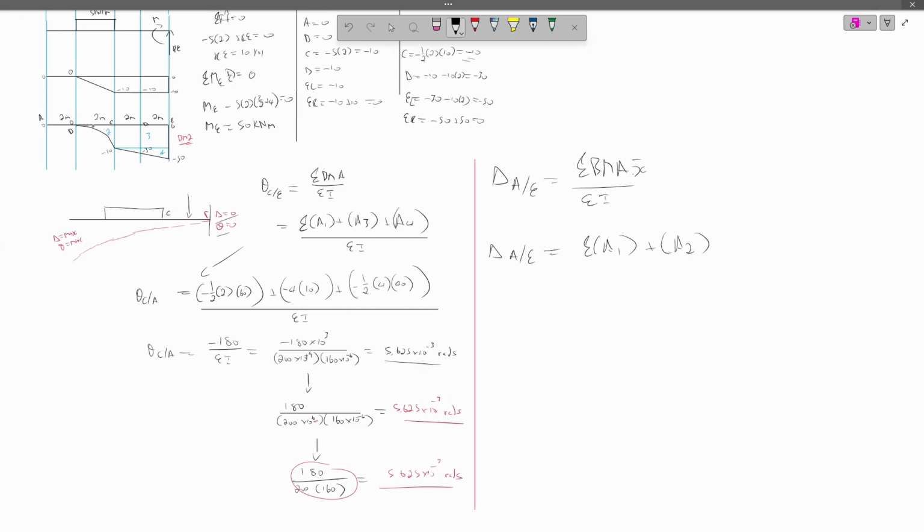Since our A is at the end, we'll use all of the areas, plus A3 plus A4 times the centroids x, x, x, and x divided by EI.